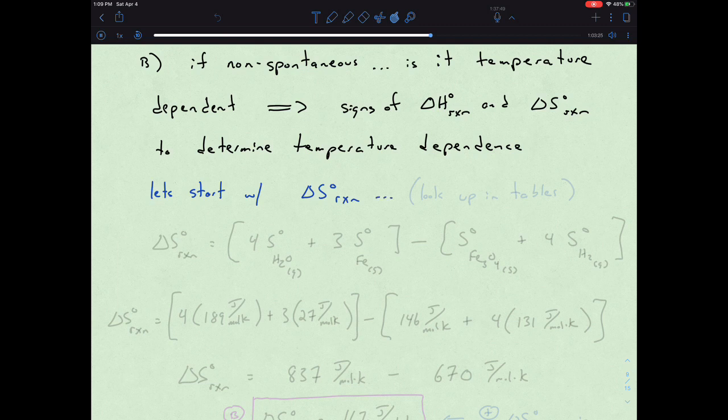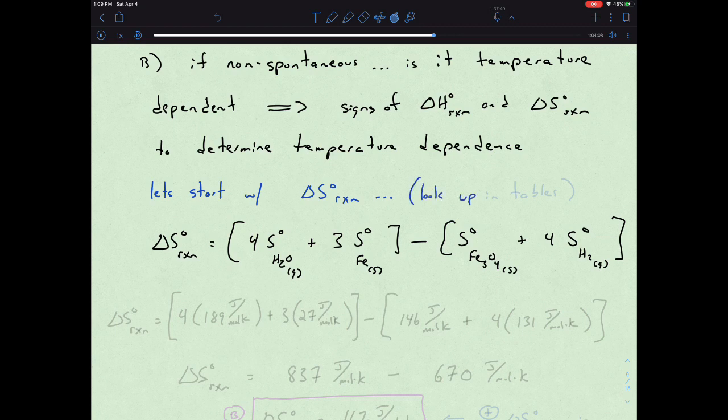And so our entropy of the reaction would be much like what we see above, that we would have 4 times the entropy for our gaseous H2O plus 3 times the entropy for our solid iron minus then the entropy of the iron oxide, and then 4 times the entropy of the hydrogen gas.